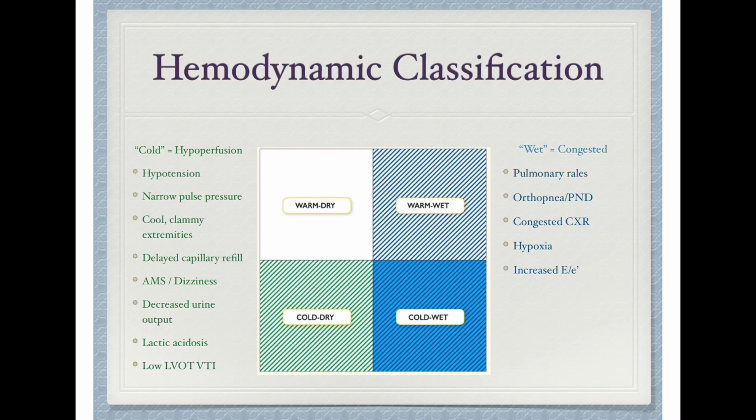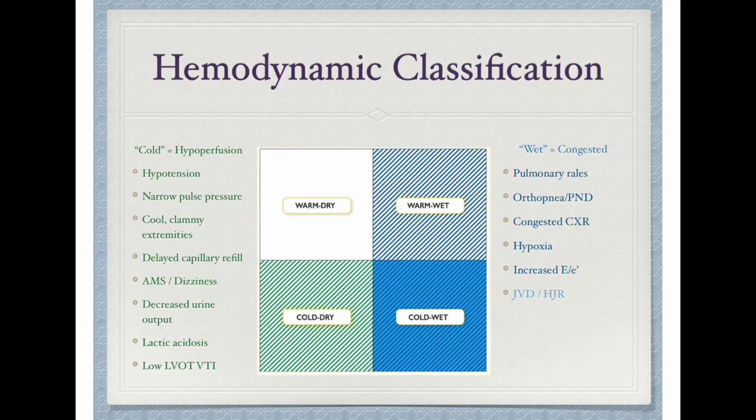And on echocardiography, an increase in the early diastolic mitral inflow velocity, E, to the early diastolic mitral annular relaxation velocity, or E prime. If this ratio is greater than 14, that generally reflects increase in left-sided filling pressures, or left atrial pressure.